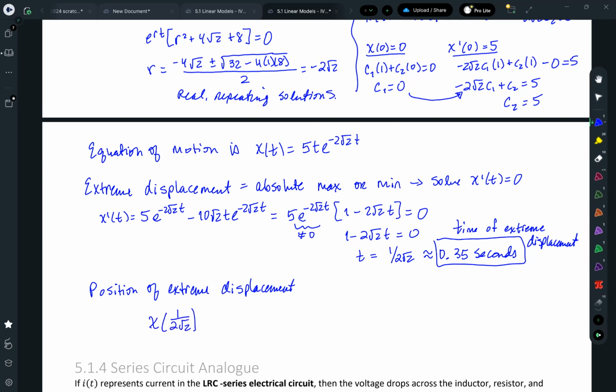I don't plug in the 0.35 because that was an approximation. The exact time is 1 over 2 square root 2. So when I plug that into the equation of motion, I get 5 over 2 square root 2 e to the negative 1. And then that is approximately 0.65 feet.